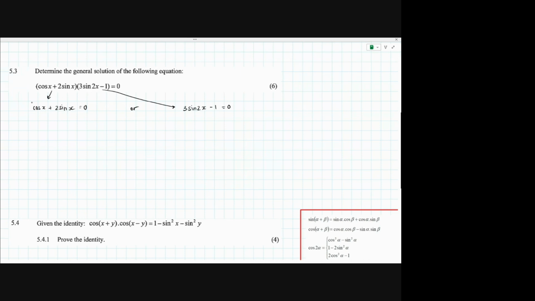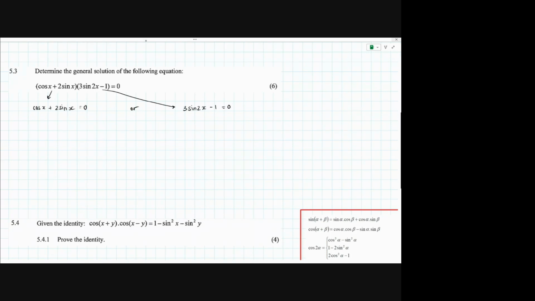I'm going to start with the equation on the left, cos x + 2 sin x = 0, because many of us might want to go straight to a co-ratio. We know that cos of (90 − θ) can be changed to a sine, and sine of (90 − θ) can be changed to a cos.